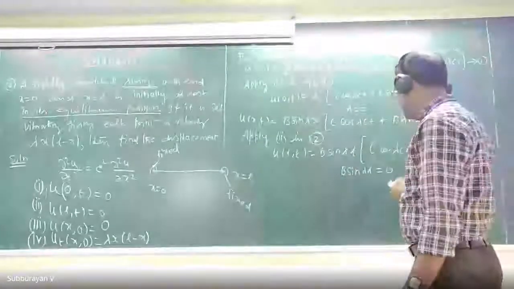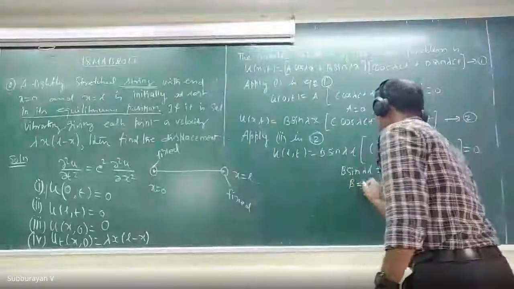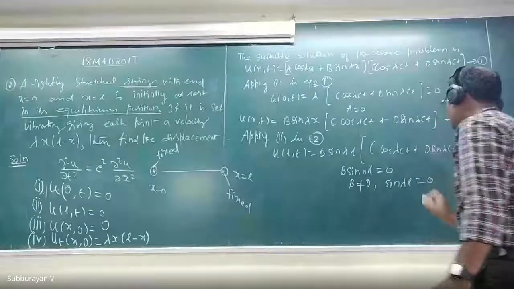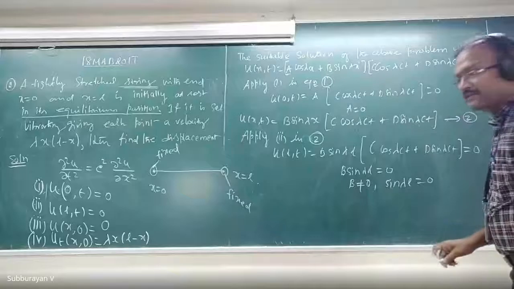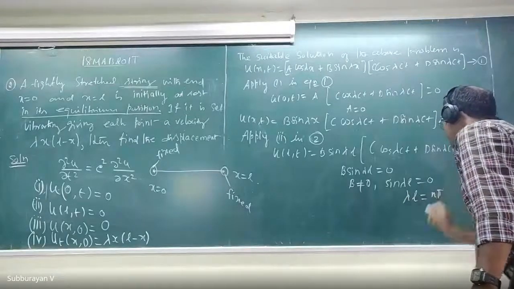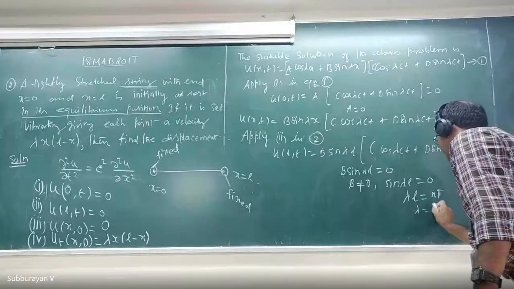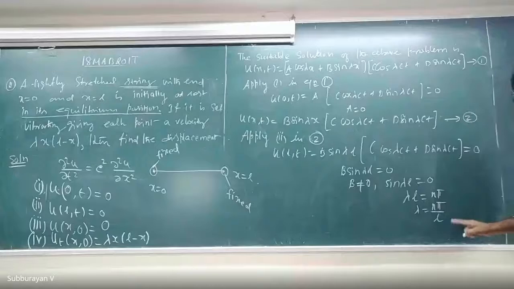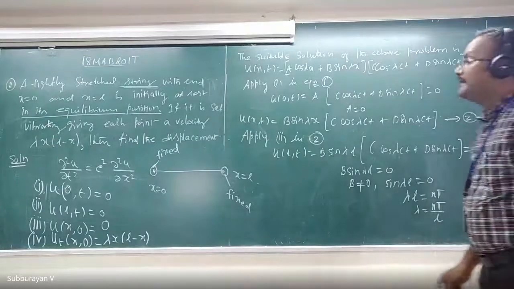Therefore b cannot be 0, and sin lambda L equal to 0. Then lambda L equals n pi, so lambda equals n pi by L.